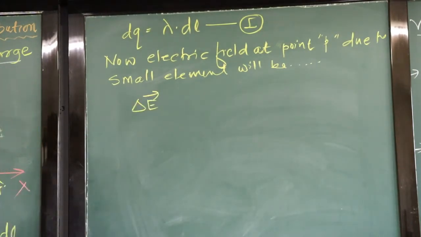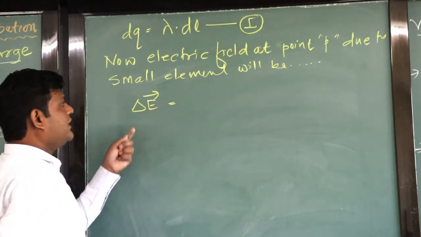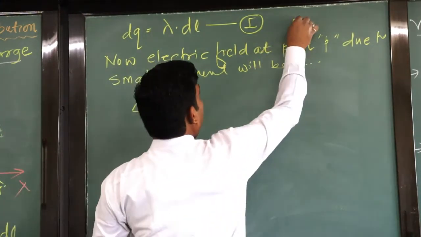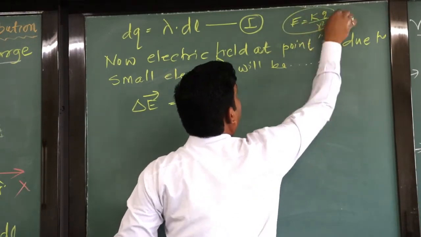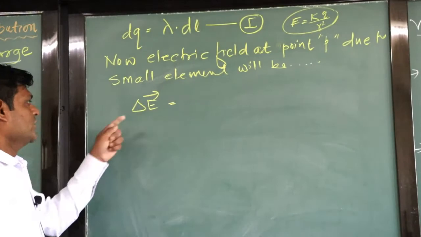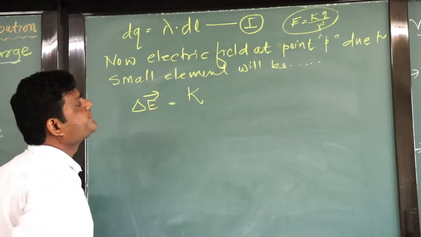We are going to define it in a vector representation. What is the general formula for electric field? We know that E equals what? K Q divided by R square. General formula. So K will remain over here.